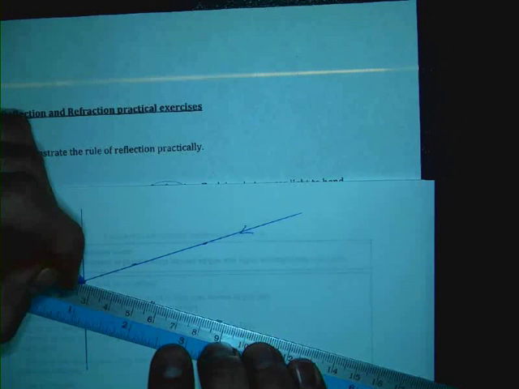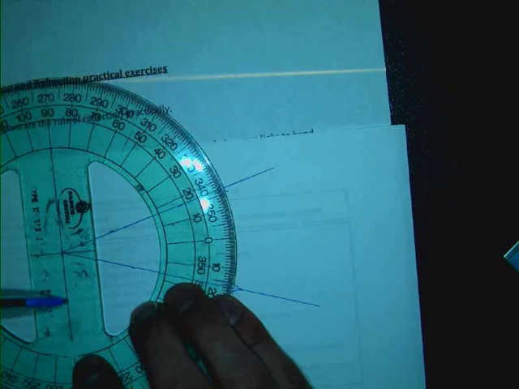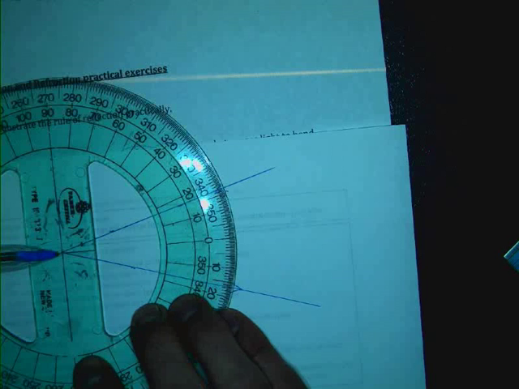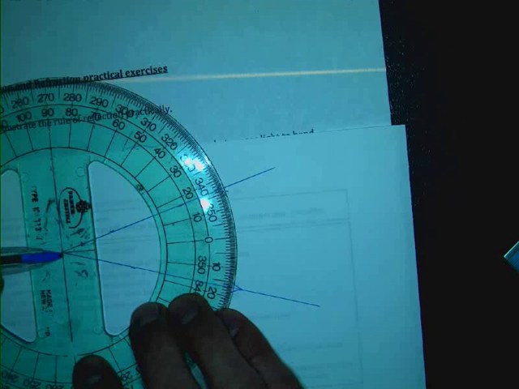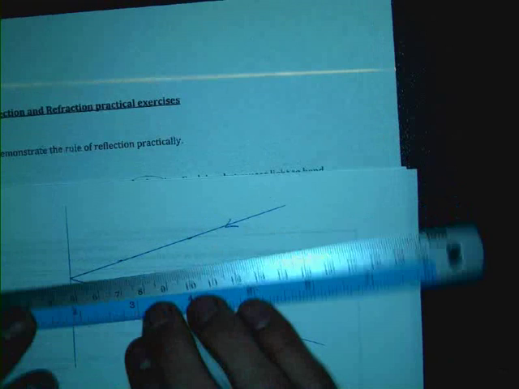Incident ray. Reflected ray. There's something to measure it off, which would be a normal. And so we match up the interface of the two, or of the mirror, the surface of the mirror. Right. 0 degrees is our normal.